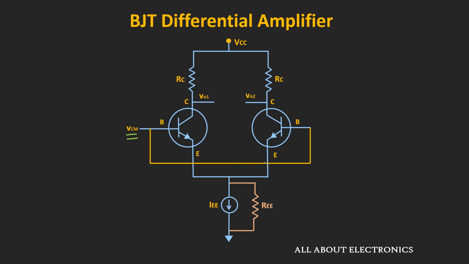So now, let us see the single-ended output when this common mode input signal is present at both input terminals and this current source is non-ideal. So basically, we are finding the single-ended output when there is a small change in this common mode input signal, and by doing so, we will find the common mode gain.